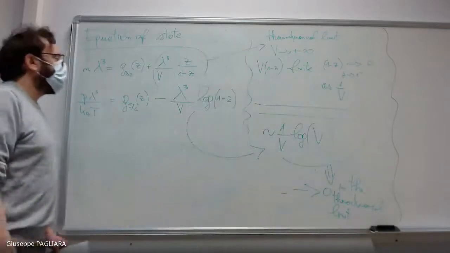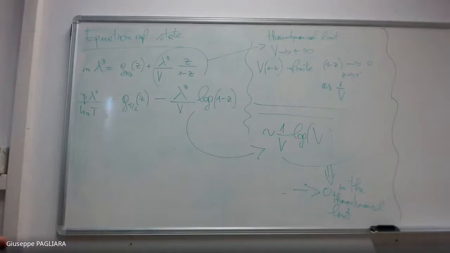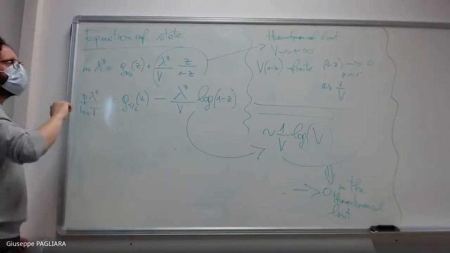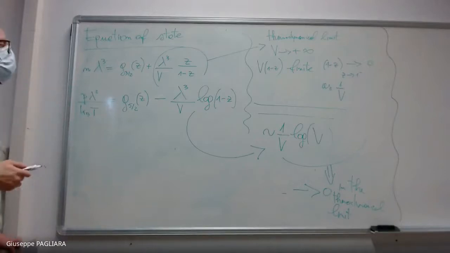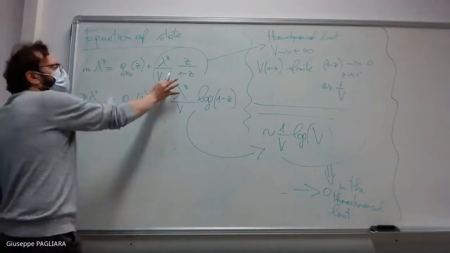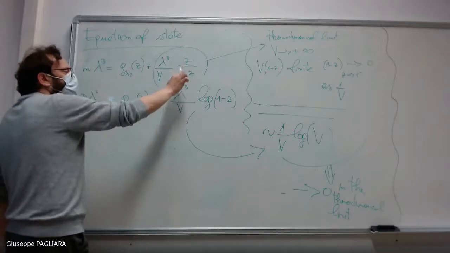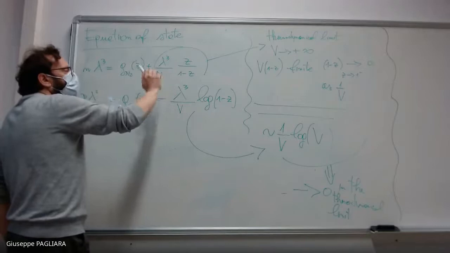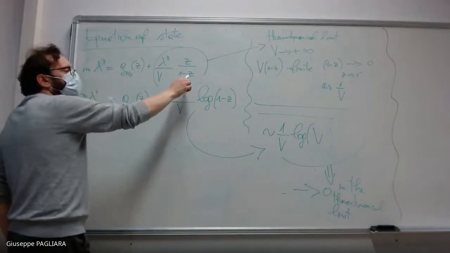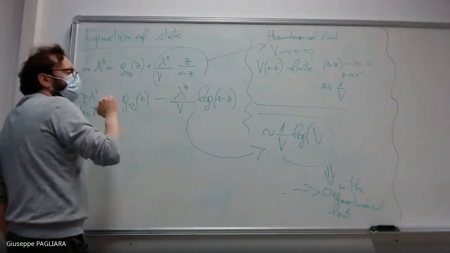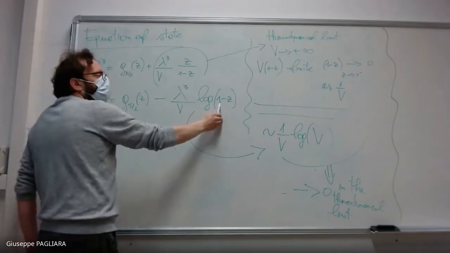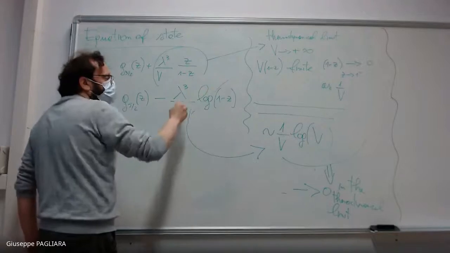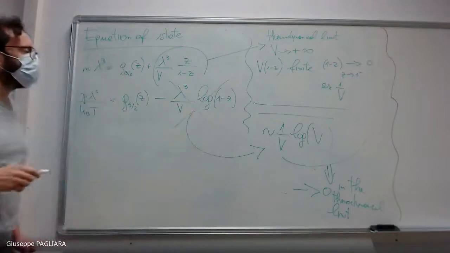Okay, so in conclusion, when considering the corrections to the density equation and the equation of state as due to the ground state, as due to the Bose-Einstein condensation, of course I have to keep this term, and I'm noticing that in order for this term to be finite in the thermodynamical limit, 1 minus Z must go to 0 as 1 over the volume, and therefore here we'll have a logarithmic divergence divided by the volume, and therefore this actually drops when the volume is sent to infinity.